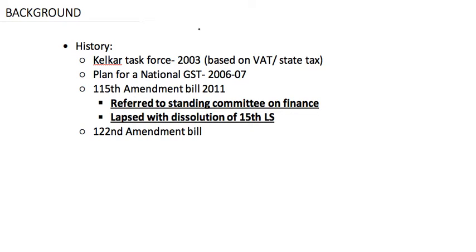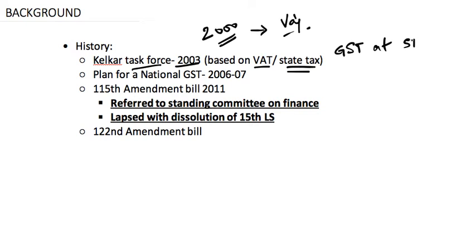It was in the year 2000 that the idea of GST was released or was started by the Vajpayee government. In 2003, the Kelkar task force was set up and it recommended a state taxation system of GST based on the system of VAT. So, it recommended GST at state level.